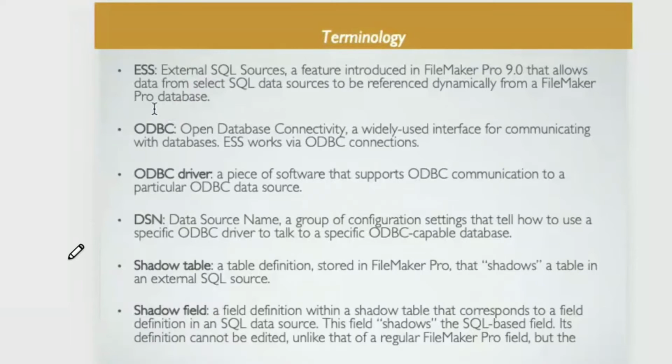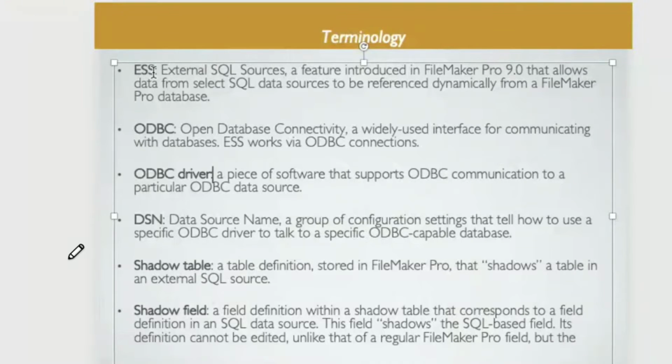ESS does not use ODBC to its fullest potential as far as speed goes, believe it or not. It's like having an internet connection that's only 500 kilobytes per second, whereas your computer could handle much faster speeds.